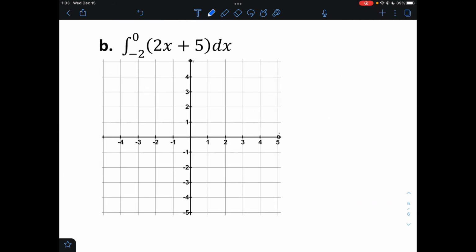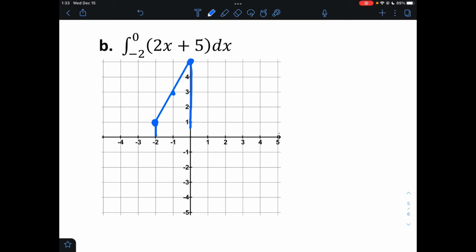Letter B, 2x plus 5 from negative 2 to 0. If we put negative 2 in there, we would get negative 4 plus 5, which is 1. If we put 0 in there, we would get 0 plus 5, which is 5. And it's just a line with a slope of 2, so our graph would look like this.